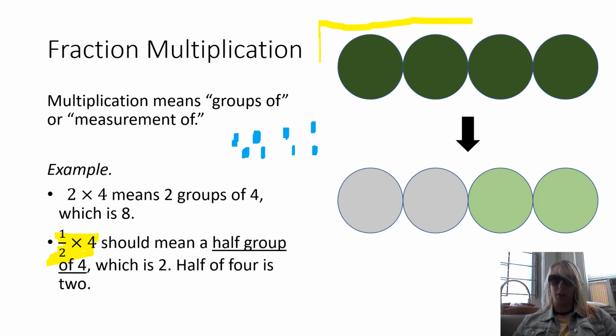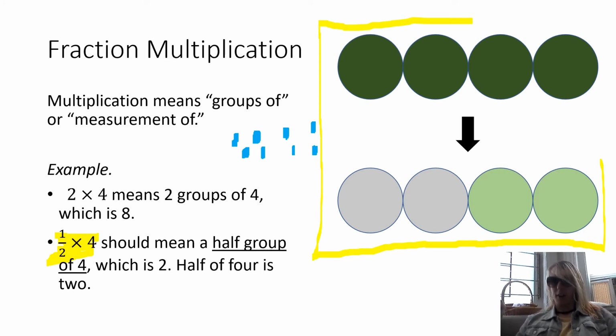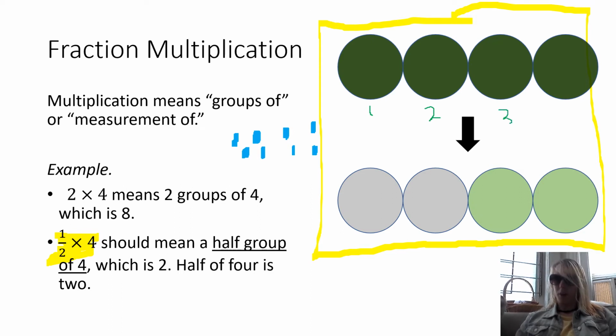That's what this picture is showing us. Here's a group of 4: 1, 2, 3, 4. And what's half of this group of 4? It's 2, right? In other words, 1/2 times 4 is equal to 2. Sorry, this writing is so poor.